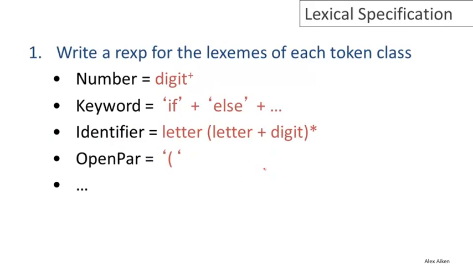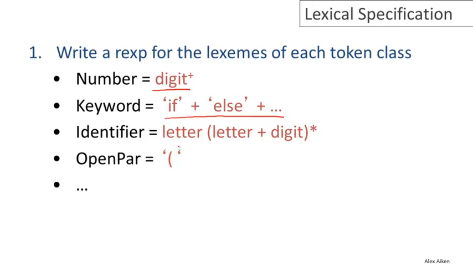The first thing we're going to do when we want to design the lexical specification of a language is write a regular expression for the lexemes of each of the token classes. We talked about how to do this last time. For the numbers, we might use digit plus as our regular expression, and we might have a category of keywords, which is just a list of all the keywords in the language.